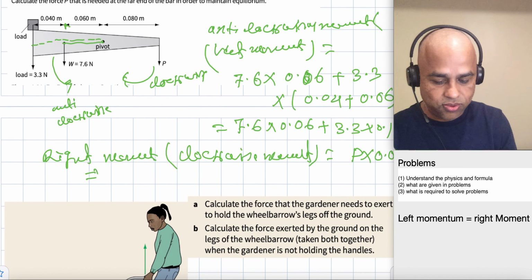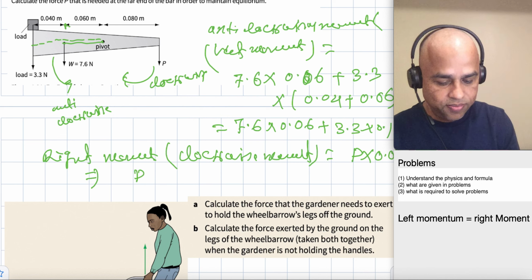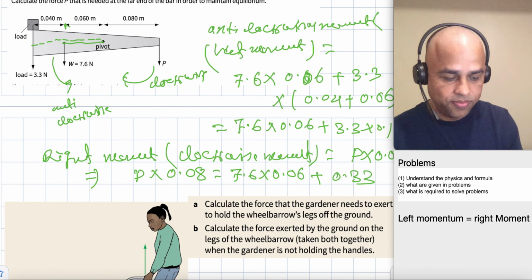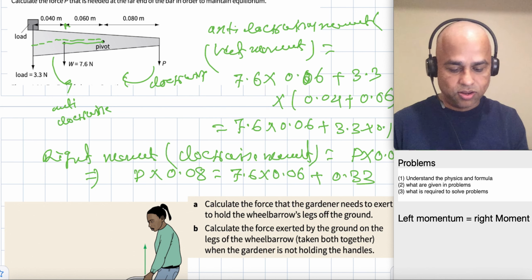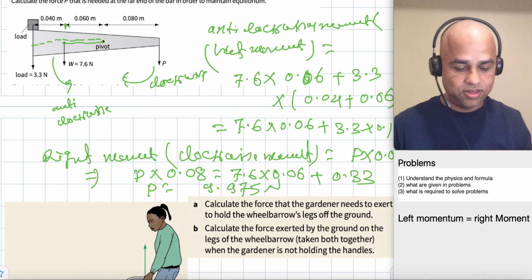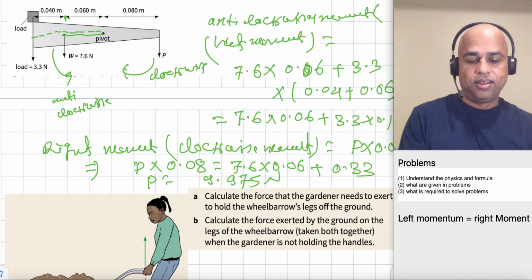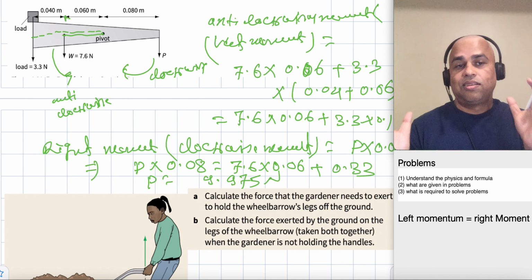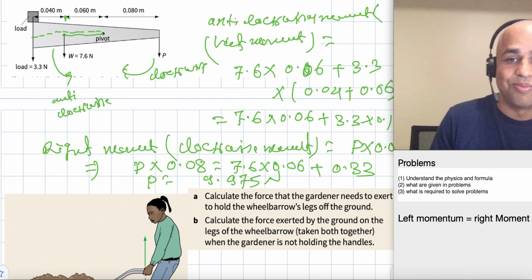So our equation will be P, right moment, equals 0.08 because 7.6 into 0.06 plus 0.33. So P is going to be 9.975 Newton. So we are calculating the total force P so that the clockwise moment equals the anti-clockwise moment.